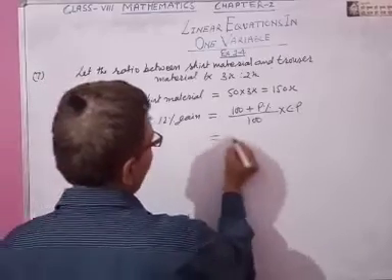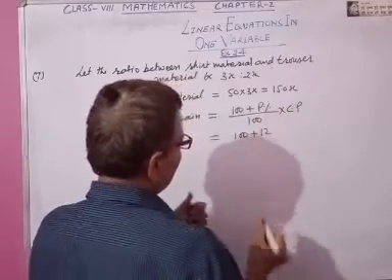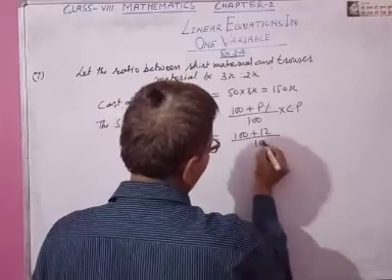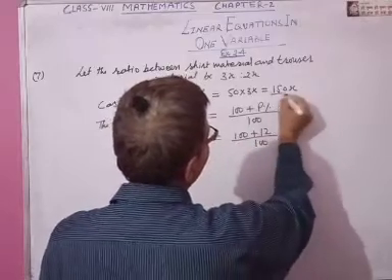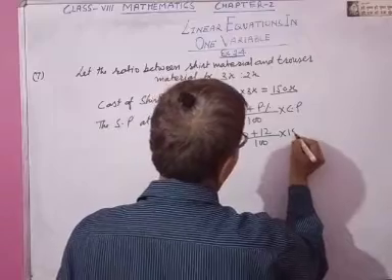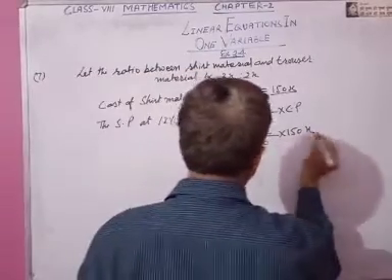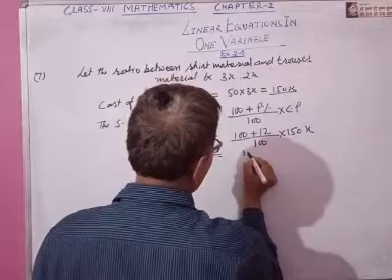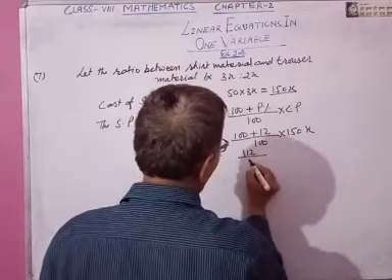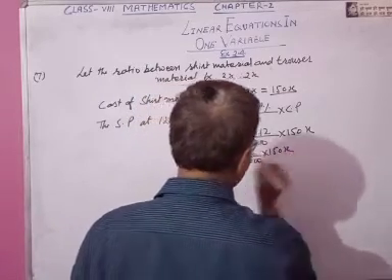Now 100 plus 12, because profit percent is 12, upon 100, cost price is 150x. Now this is 112 upon 100 into 150x.